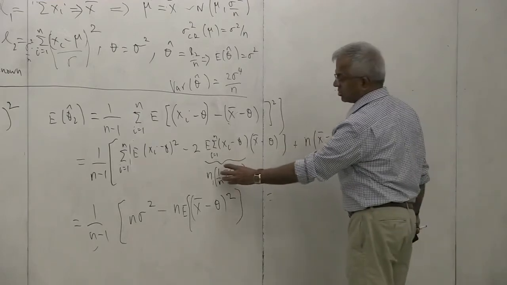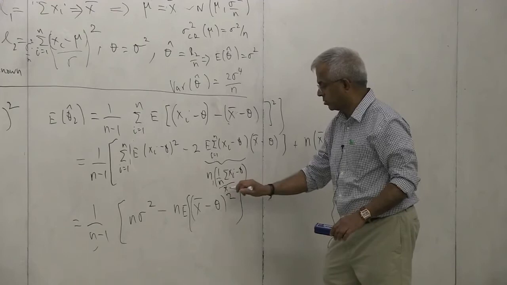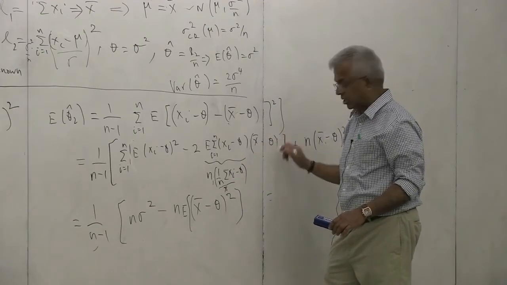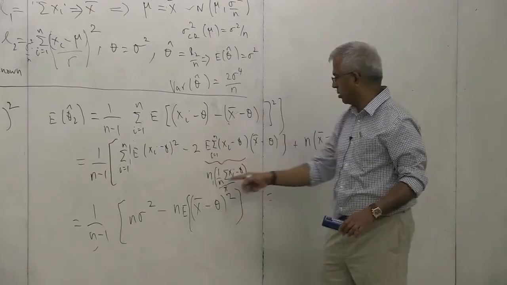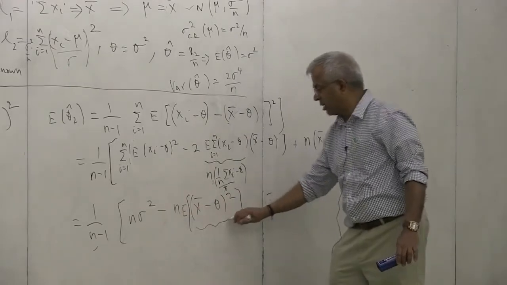As I just told you, this is x bar. So x bar minus theta multiplied by x bar minus theta, squared, multiplied by minus 2n. Minus 2n and plus n will give me minus n. What is the value of this?